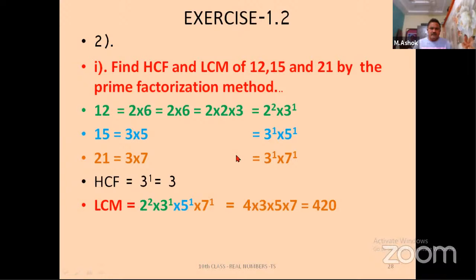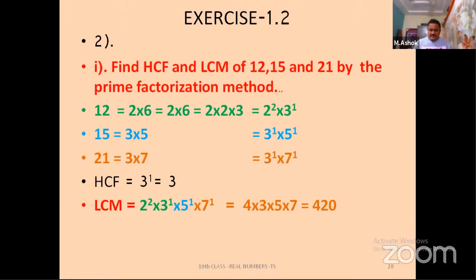So 2 square, in case of 3, 3 to the power of 1. In case of 5, only 5 is there, so take 5 to the power of 1. In case of 7, only 7 is there, 7 to the power of 1. So if you multiply all these, you will get 420 is the LCM of these three numbers.